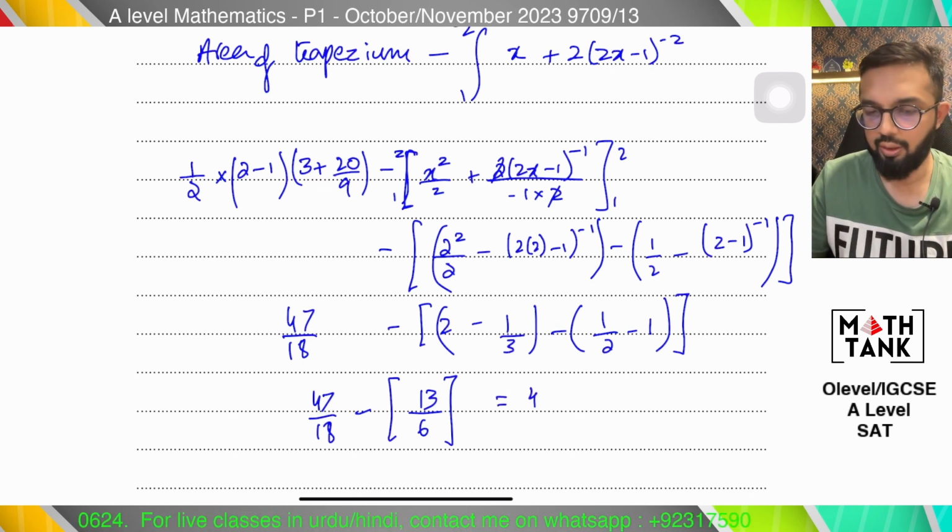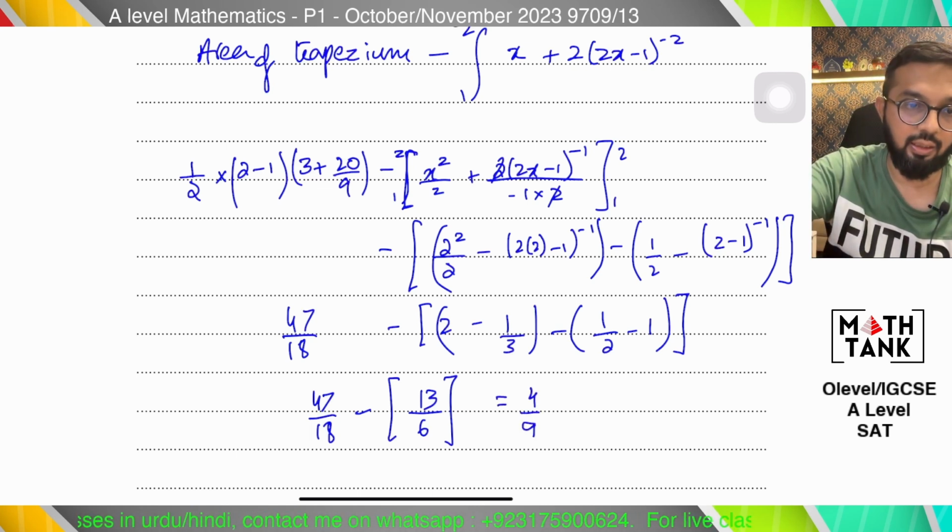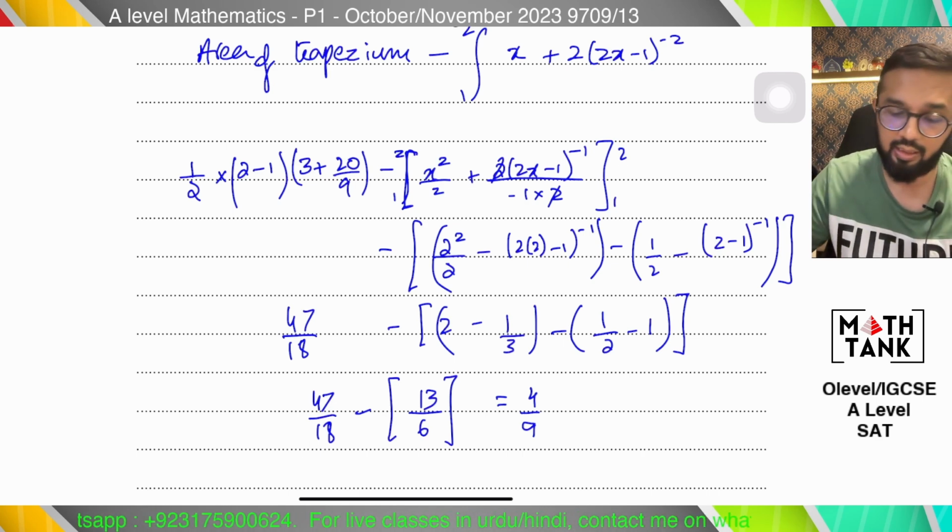I'm getting 4 over 9, and if that's the correct answer, it sounds like a reasonable answer. Let's just check. Yes, the answer is correct.